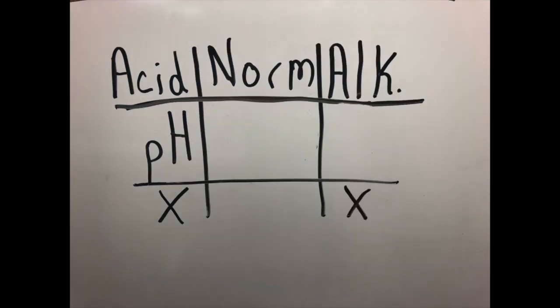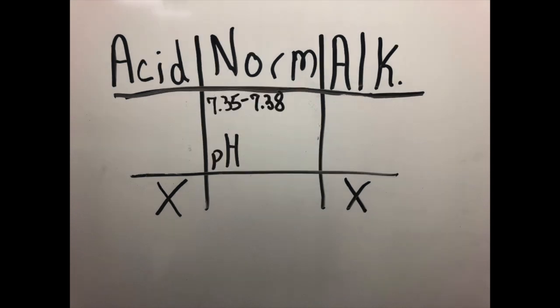Whenever you put the X over to the other side into alkalosis, we know that there's compensation for this acidosis. Then whenever your pH flips over to normal, but still on the low side of normal, we know that it is fully compensated acidosis. So your pH is still 7.35 to 7.38.